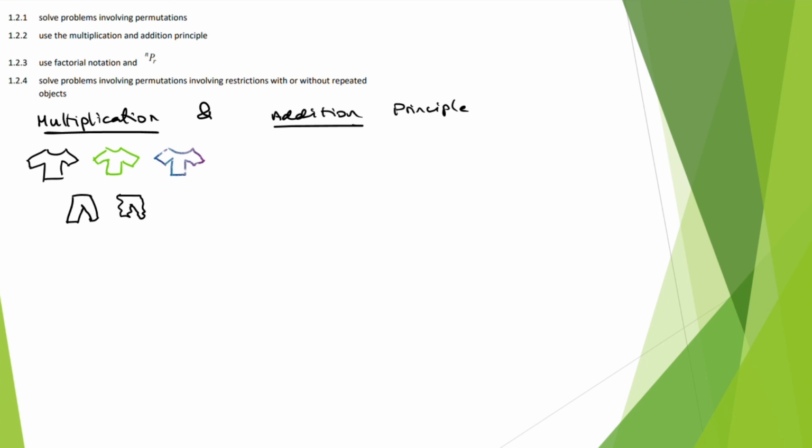Okay, and in this case, the number of outfits that you can make from these is equal to 3 times 2, because for every one of these shirts, you have 2 sets of pants. And this is referred to as the multiplication principle. So you can do these things at the same time. You can put a shirt on at the same time, and you can put pants on at the same time.